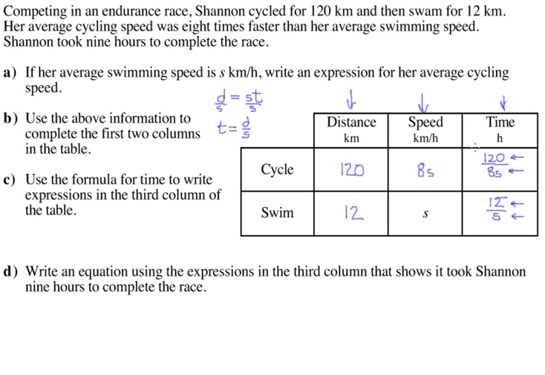And we can tie it together because they tell us it took her overall 9 hours to finish this race. This time plus this time must add up to 9 hours. 120 over 8s plus 12 over s has to add up to 9.